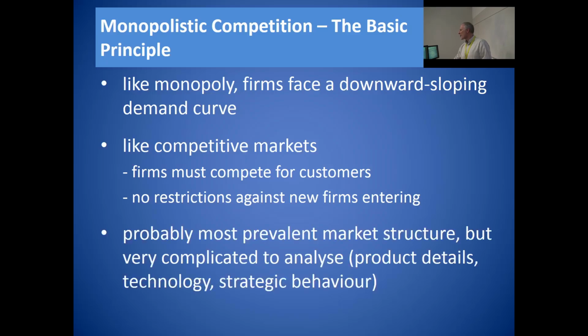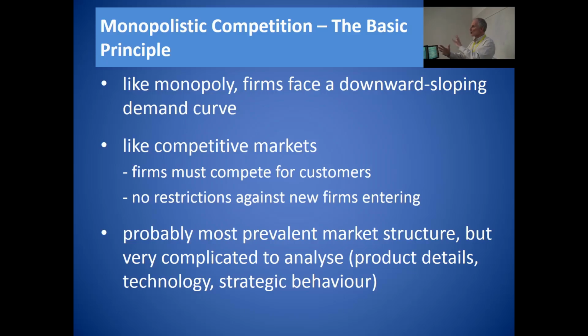Now, whilst it's probably the most prevalent type of market structure, monopolistic competition is really complicated to analyse. Product details, the type of technology that the firms use, the strategic interaction between firms, they're all crucial. And it makes it very complicated to analyse.